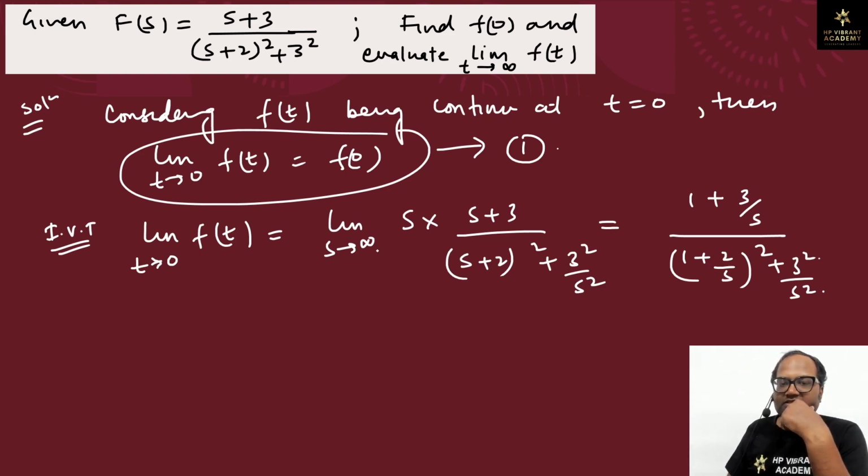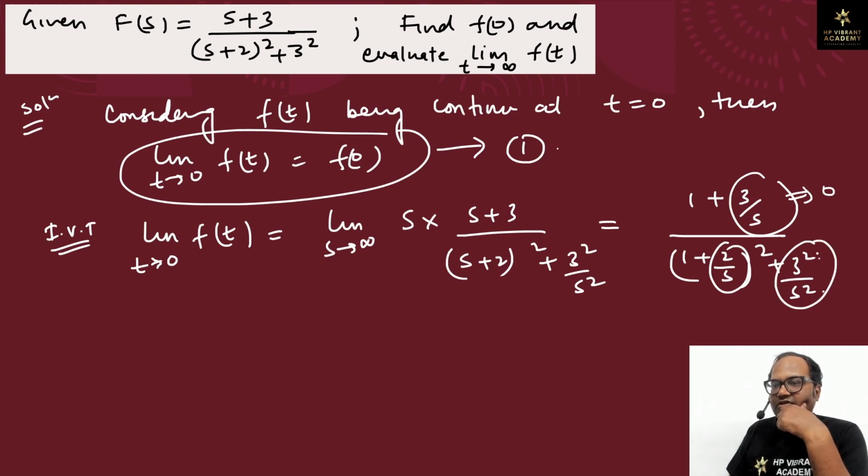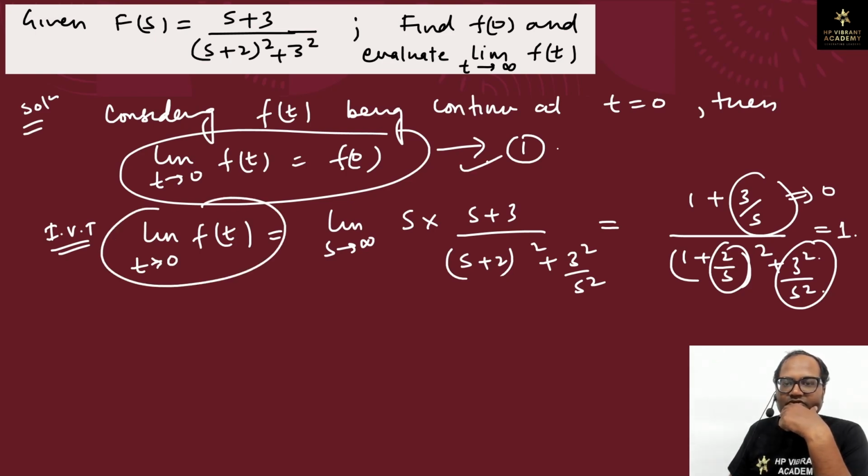So on taking s tends to infinity, 3 upon s is 0, 2 upon s is 0 and 3 square upon s square is 0. So we are left with 1. Using equation 1, limit t tends to 0 f of t is f of 0, because we have considered f of t as continuous at t equal to 0. So f of 0 is nothing but 1.